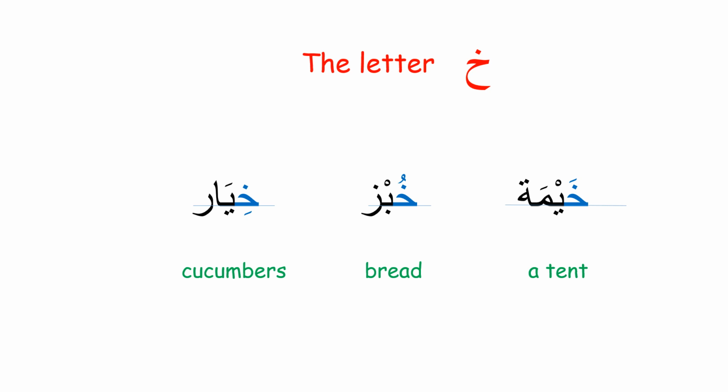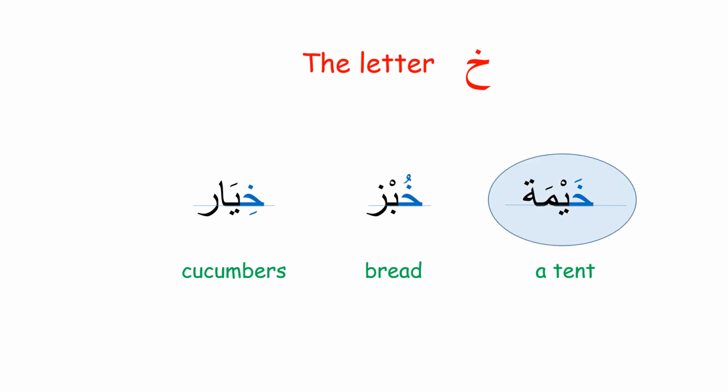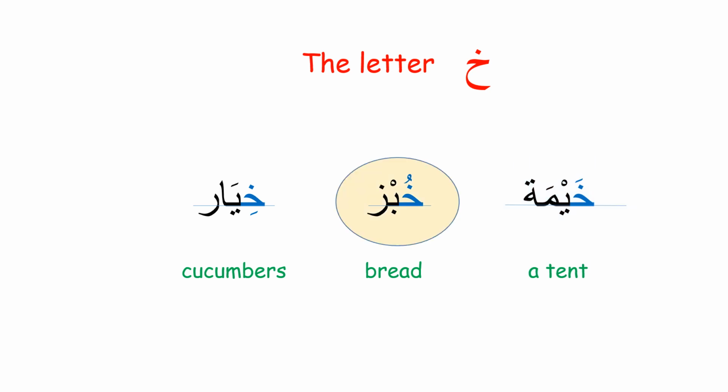A couple of notes before ending. Make sure that the heaviness of the letter خاء المفتوحة is solely due to the rise of the back of your tongue, and don't allow your lips to take part in the pronunciation process. خيمة. However, you will need to round your lips while pronouncing the letter خاء with ضمة. خبز.